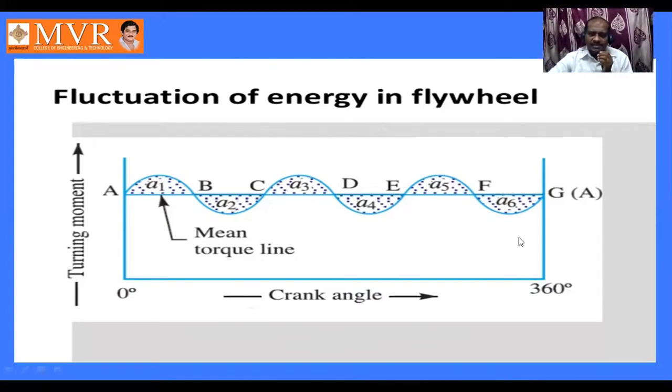Like this they have taken 6 conditions at A, B, C, D, E, F and G. A is the starting and once again it reaches the A condition. This is going to be called the mean torque line. On the y-axis turning moment has been taken, as I already told, and on the x-axis we have taken crank angle.